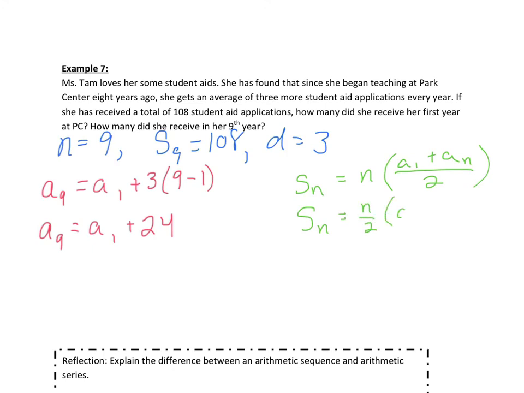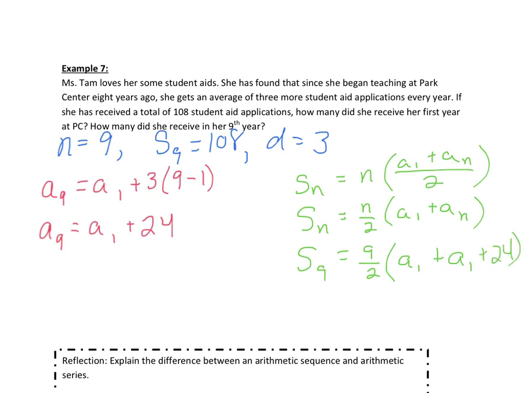This is the exact same formula. Some textbooks may have it written that way. All right, but let's go ahead and plug in some of the stuff that we know. We know that we were taking the sum of the first 9 years, and that's going to be equal to 9 over 2 times a1 and an. Well, a1, I don't know. That's what I got to solve for. And an, or a sub 9 in this case, is going to be a1 plus 24.